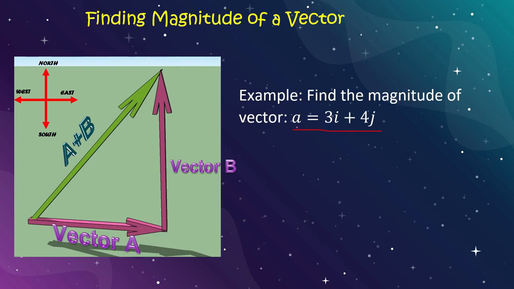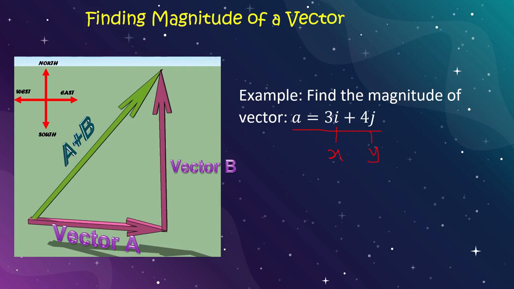That means this vector A is going in two directions, i and j. i is nothing but x direction and j is nothing but y direction. That means it is moving in x and y direction.